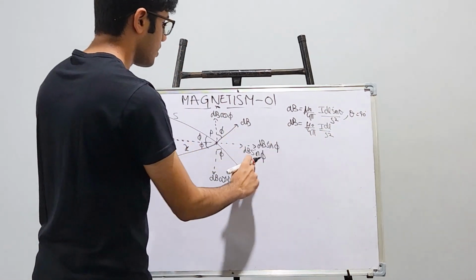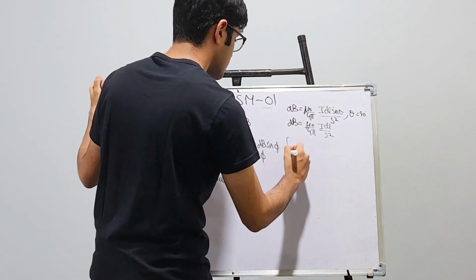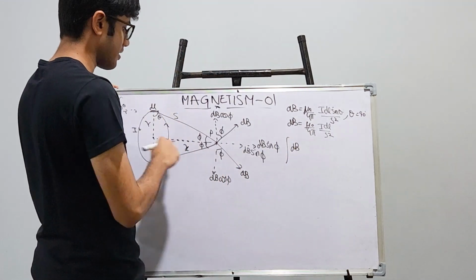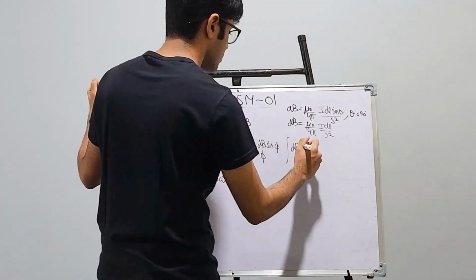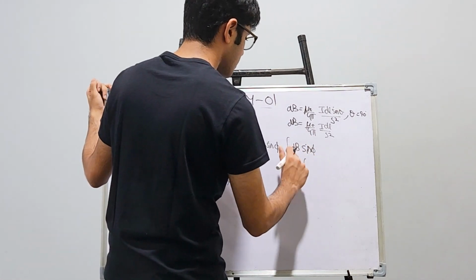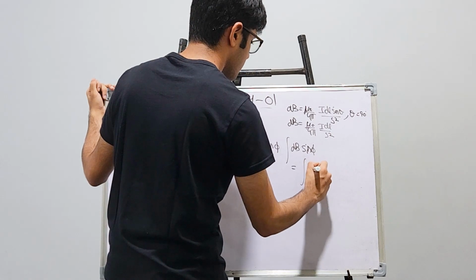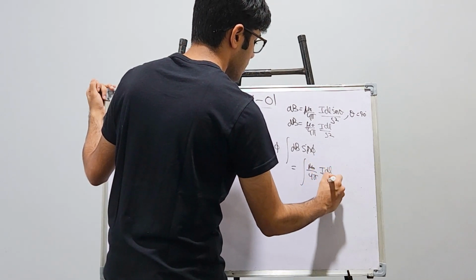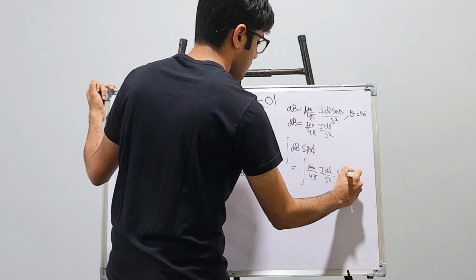So we've got dB, and now we can integrate for the entire magnetic field B at this point. We would do integration of dB sin phi, where dB is mu naught over 4 pi I dl by s squared, times sin phi.